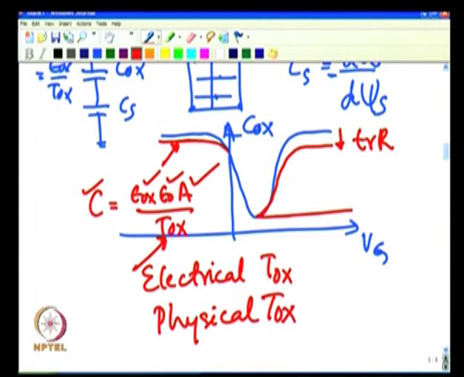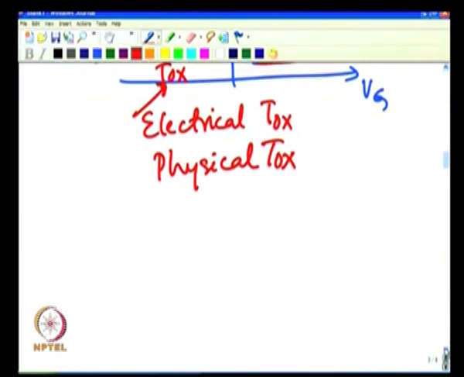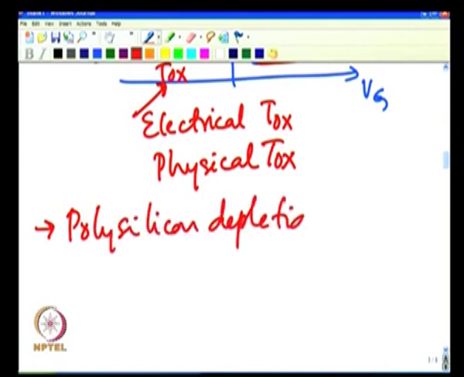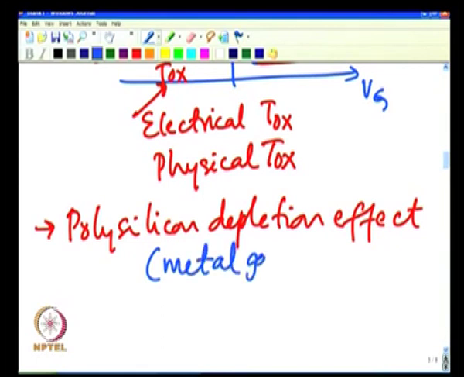Invariably in today's devices, electrical oxide thickness could be anywhere from about 4 to 6 angstrom more than physical oxide thickness. One reason is this, and the other reason is what we call the polysilicon depletion effect. That is one other non ideality. But this effect does not exist if you have a metal gate capacitor or a metal gate transistor.